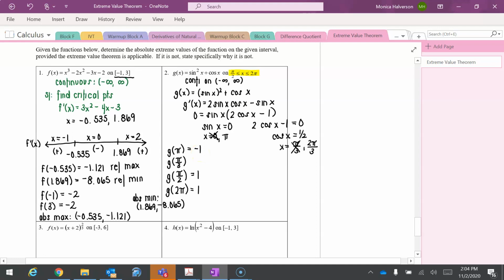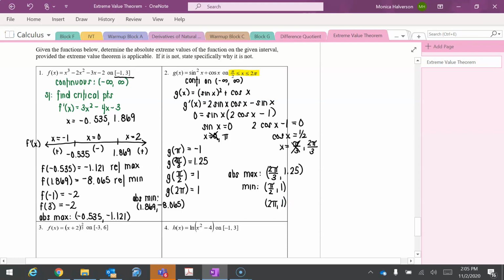And g of 2 pi over 3 is equal to 1.25. So right away, you can tell your absolute max is at 2 pi over 3, 1.25. And your absolute min occurs at pi over 2, 1, and 2 pi, 1.